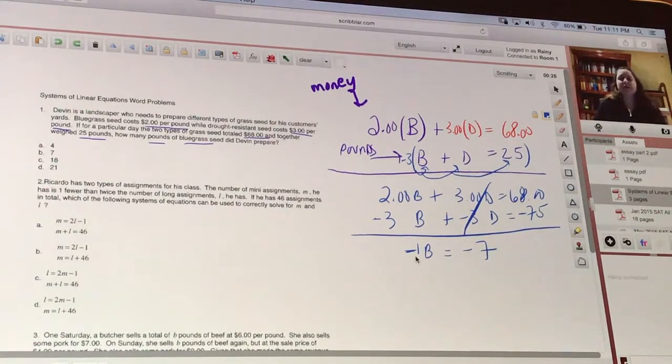Obviously we're not going to have a negative B and a negative 7, since we're looking for positive pounds. So we want to get that negative sign out of there. I'm just going to distribute that negative 1, take it out. So this becomes B equals positive 7. And we know that the B came from the bottom equation, pounds. So we know that the answer is 7 pounds of bluegrass seed.